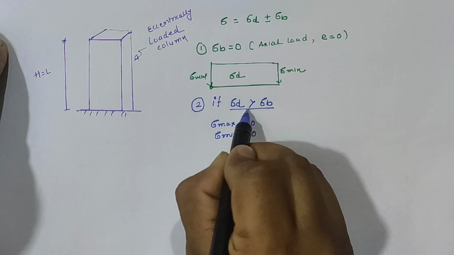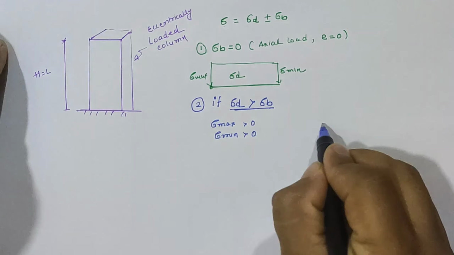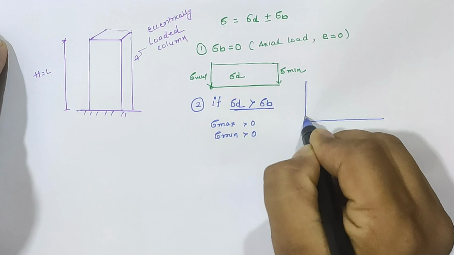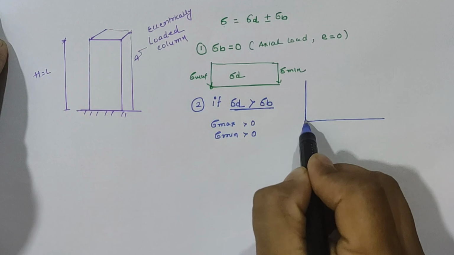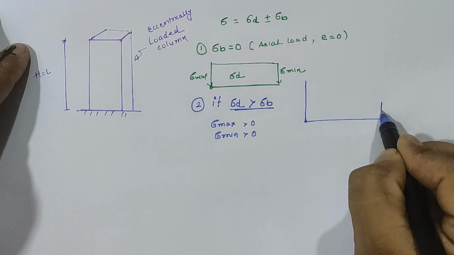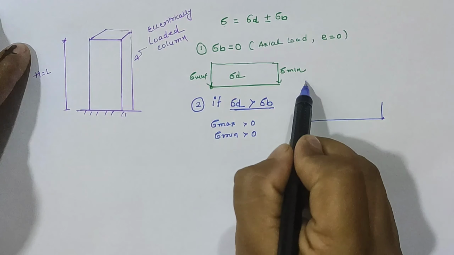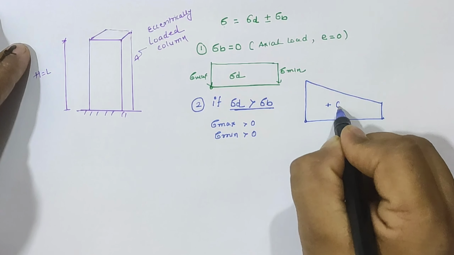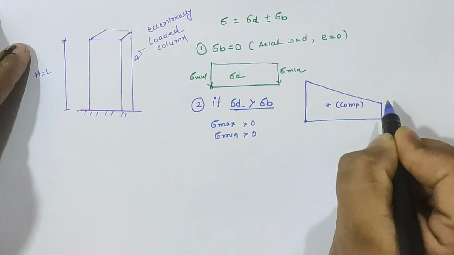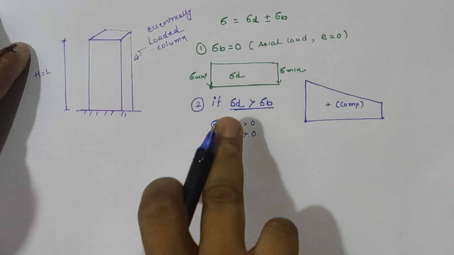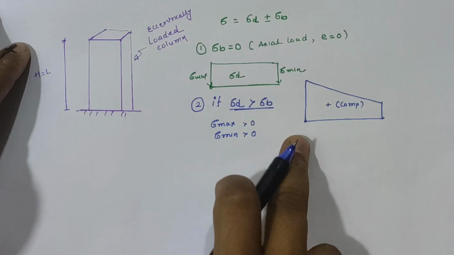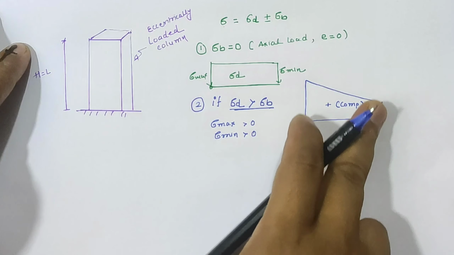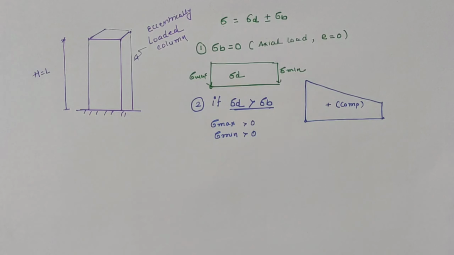It means that our diagram for point A as sigma max as well as at point B as sigma min are both in the positive direction, or we can say compressive stress. So for sigma D greater than sigma B we have to draw a trapezoid in the positive direction.